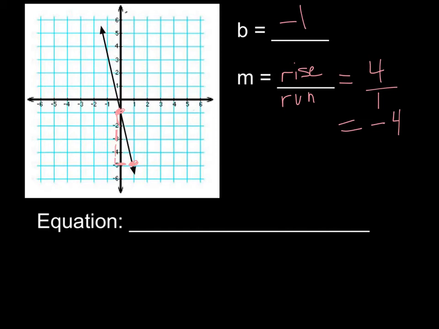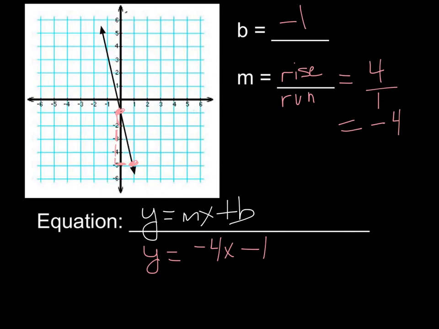Now, the slope-intercept form of an equation is y equals mx plus b. I'm going to just substitute my numbers in. So y equals -4x minus 1. And that is the slope-intercept form of an equation.